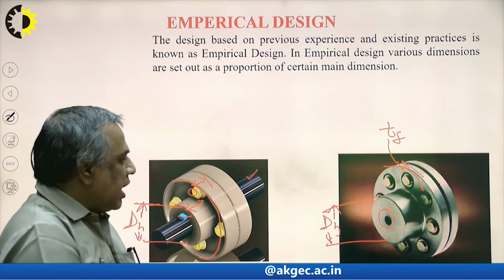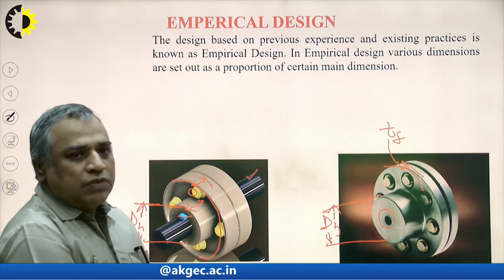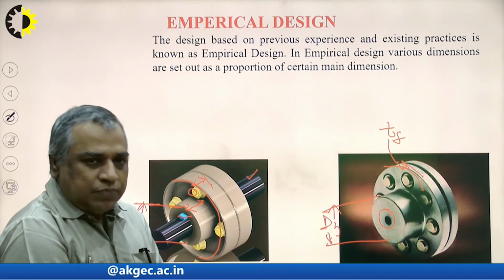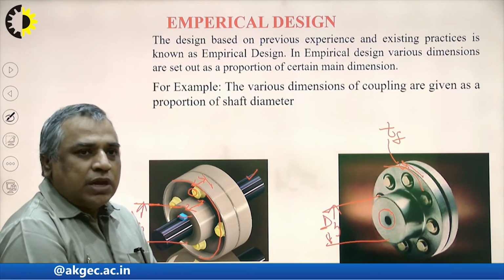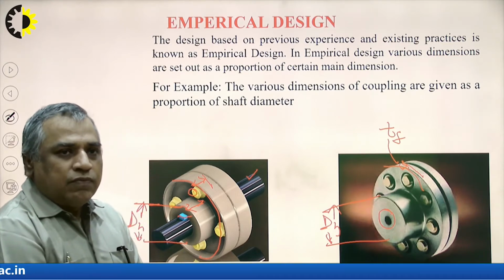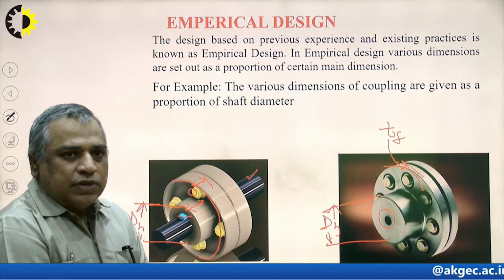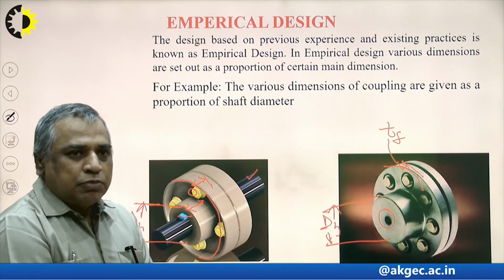So the dimensions of various elements of the flange coupling are given on the basis of the shaft diameter. This is called the empirical design of the flange coupling. This is an example I have given. The various dimensions of the coupling are given as a proportion of the shaft diameter.